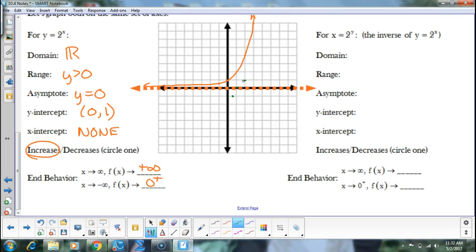Next point was 2, 4. That becomes 4, 2. Next one was 3, 8. That becomes 8, 3. So this function becomes that, right? Okay, so now we're looking at green and green only. Domain.